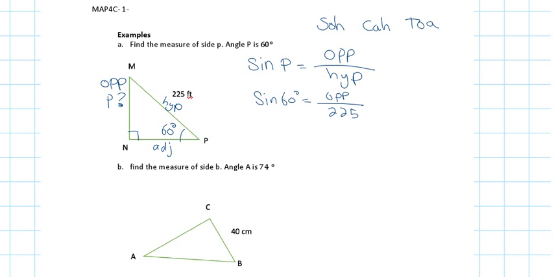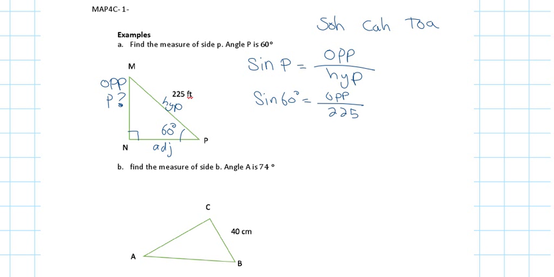What do I do to look for the opposite? You can find sine 60, then what do you do? How do I isolate for the opposite? I need to get rid of the 225, because I want the opposite by itself. So I have to bring the 225 over.